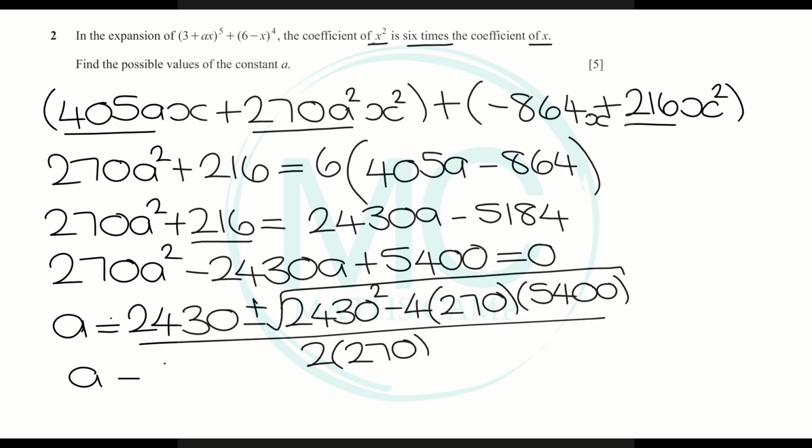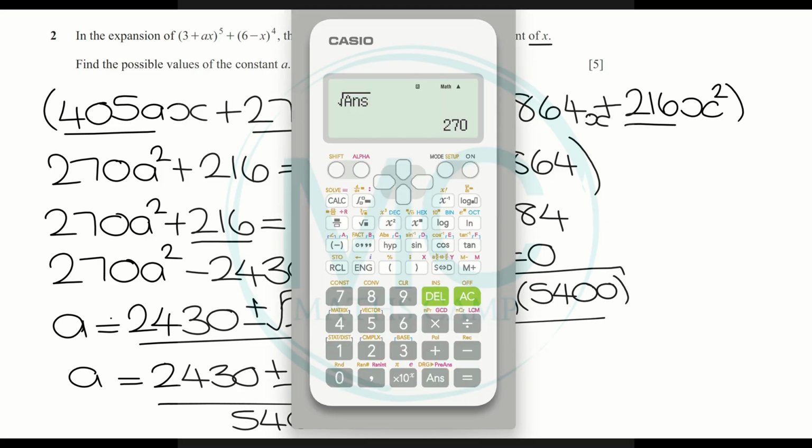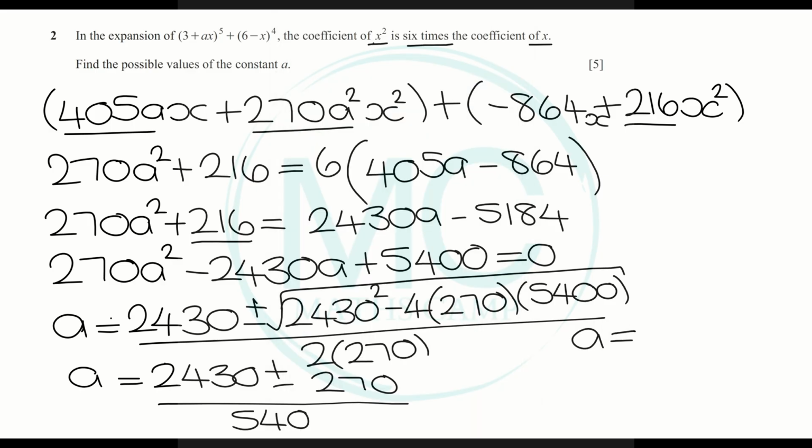So a is equal to 2,430 plus or minus 270 all over 270 multiplied by 2, which is 540. Now let's find a when there's a plus sign in the numerator. Take my calculator and say 2,430 plus 270 divided by 540 is equal to 5. So a could be equal to 5.